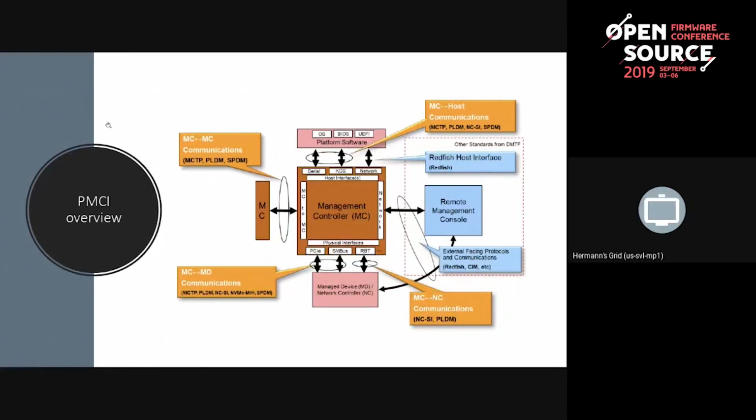The goal of MCTP is to abstract how messages are sent inside the box, to abstract out the details of the physical medium.